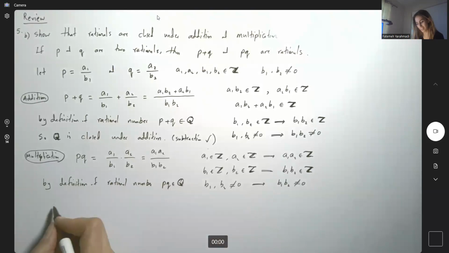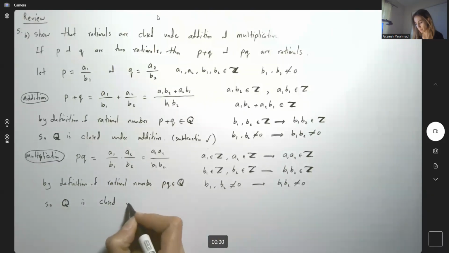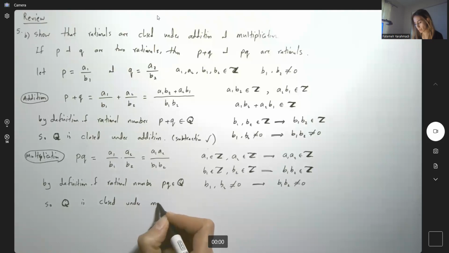What's the meaning of that? So Q, or the set of rational numbers, is closed under multiplication. But it's not true for division here.